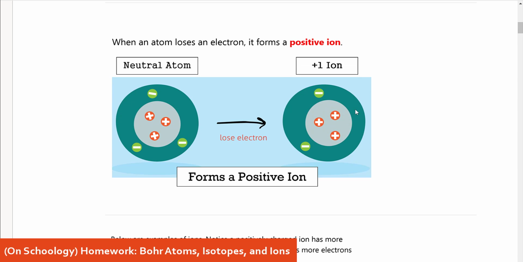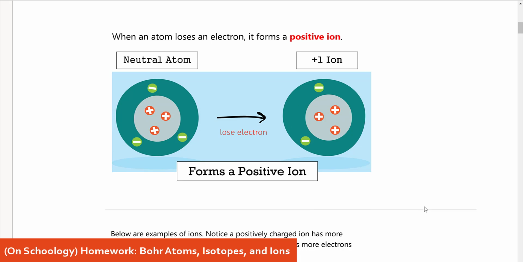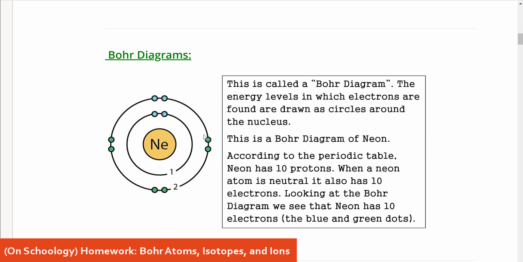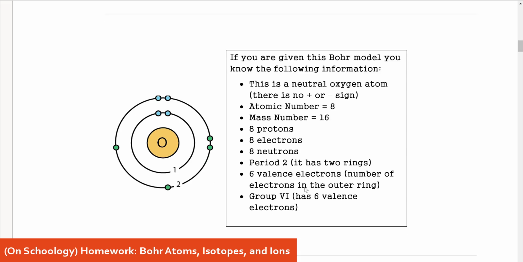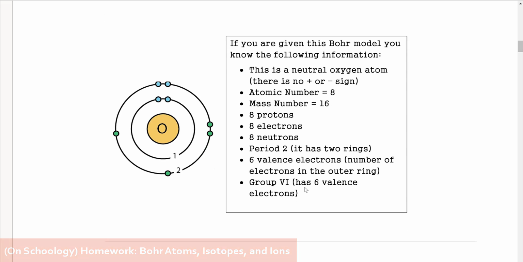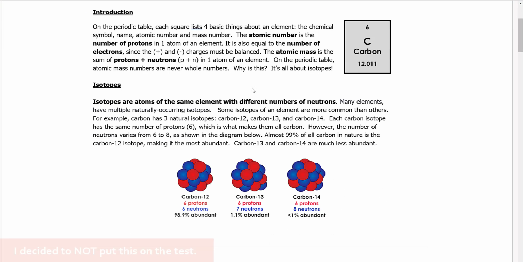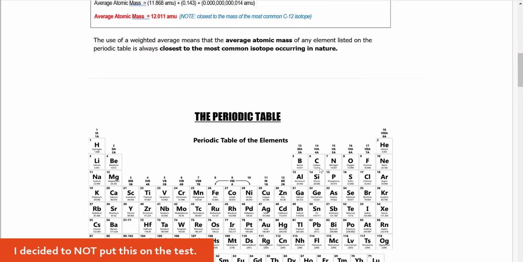And if we have more protons than electrons, we have a positive ion, which is also summarized in this one image. There's also a review of the Bohr diagram and what the Bohr diagram tells you about an atom. Okay, that is in this homework assignment, Bohr atoms, isotopes, and ions. And then in the isotopes homework, it also gives more information about isotopes.